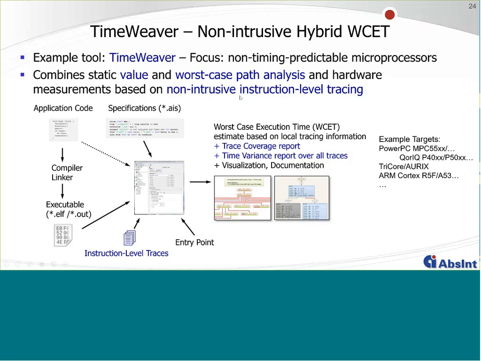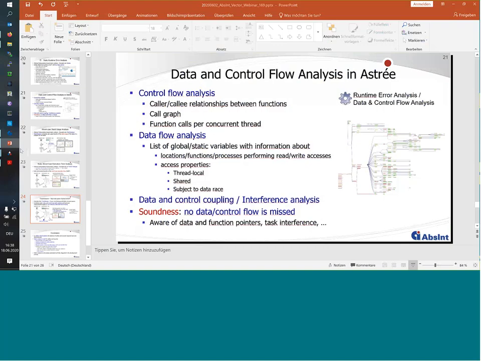Therefore, the tracing has to be non-intrusive. If we have this, we can extract timestamps from the traces and again compute statically a worst-case path through the program, combining this trace information, which gives an upper bound again on the observed timing. So this is also available on timing predictable processors if they have the corresponding non-intrusive trace interface, like it's the case for the Oryx.